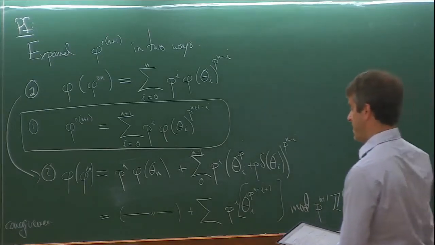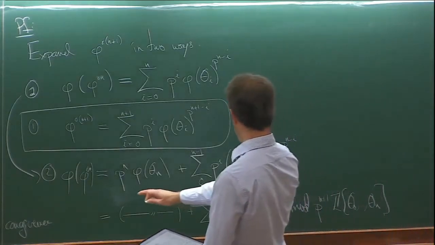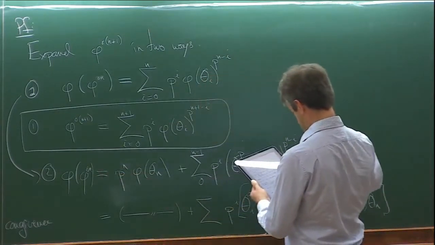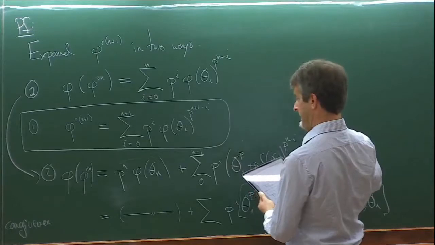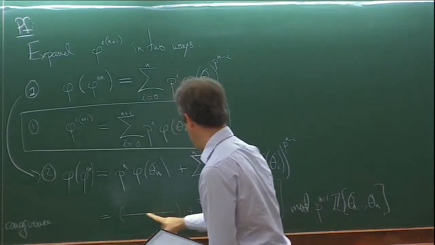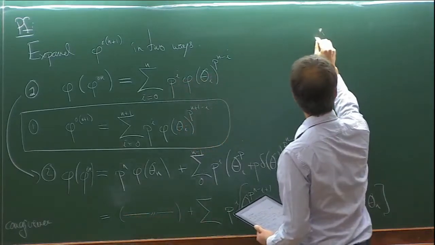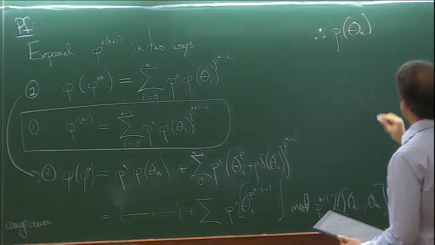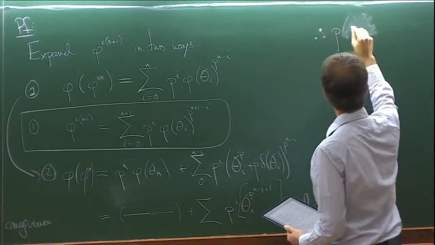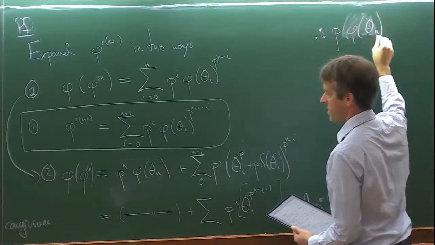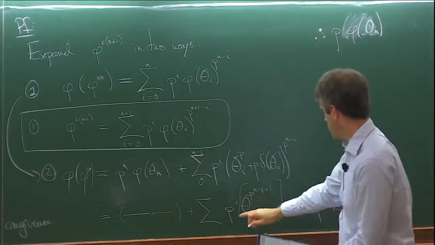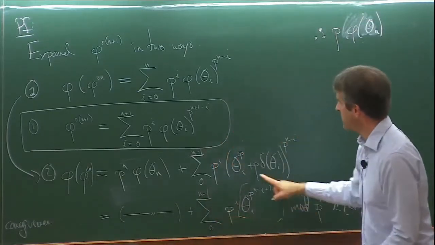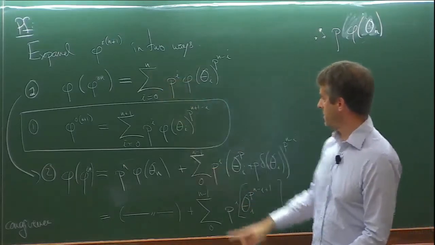Okay, so now what do we do? We just combine these two. We solve for this term right here. So p to the n, phi of theta n, is, so this goes from 0 to n minus 1, right? This is the same sum as this, except for the final term.